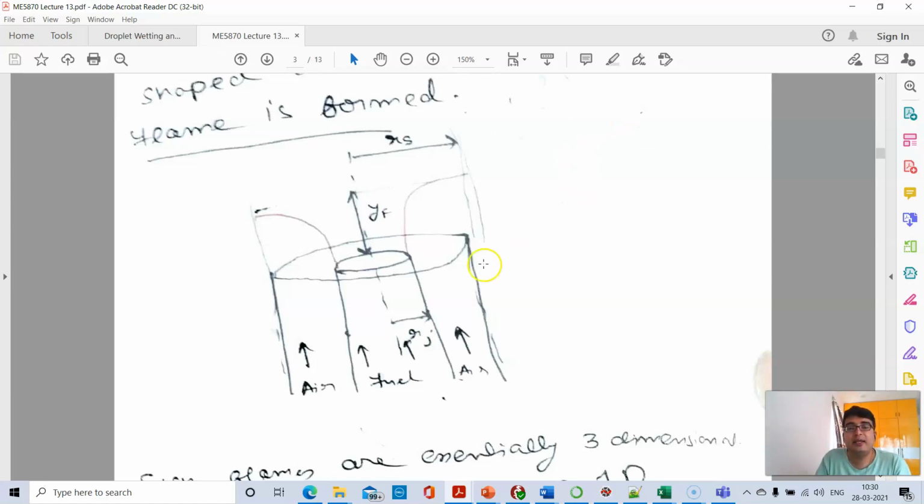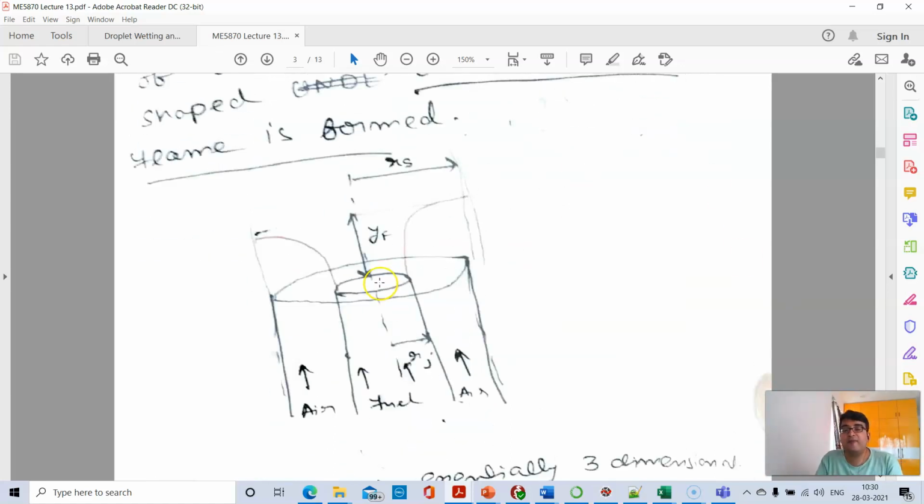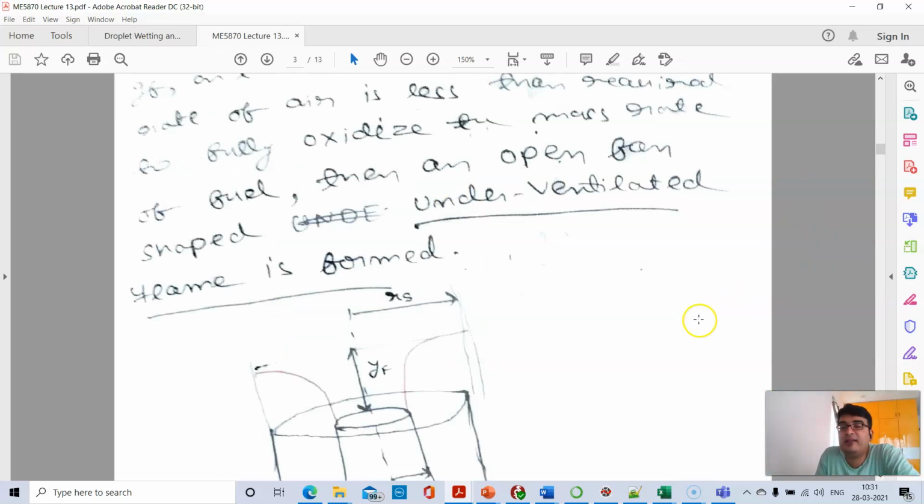In this case, what is called a fan-shaped under-ventilated flame forms. So basically what happens is there is too much fuel, so the amount of air kind of decreases. So the flame kind of moves outwards in search of air. Okay. So then you get a kind of fan-shaped open flame, which is called an under-ventilated flame.